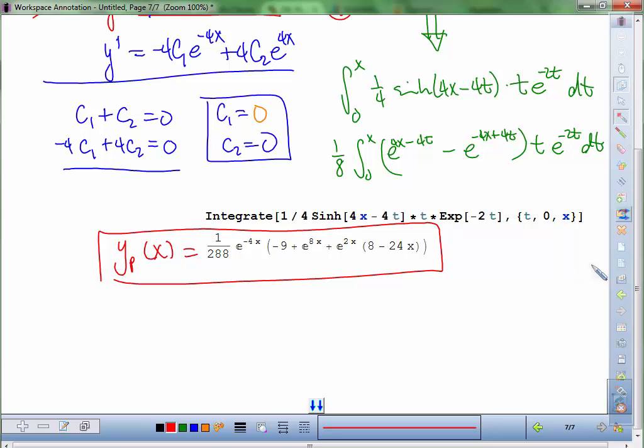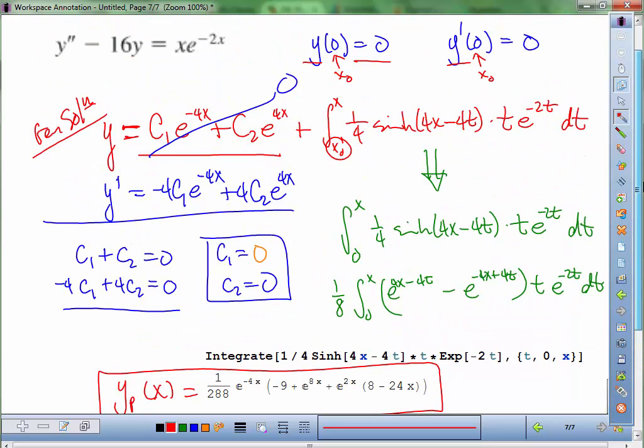Having a 0 and a 0 for your initial values made this all disappear, because if you imagine this is some spring that's oscillating, and we'll talk about the applications of this, this is an external force pushing the spring, some machine that's cranking the spring, and you want to find the motion of that.